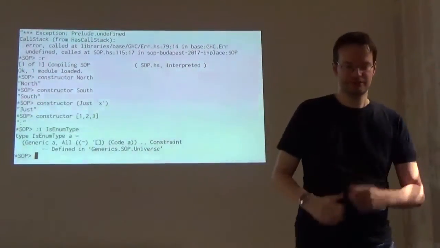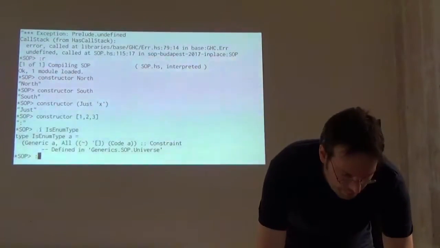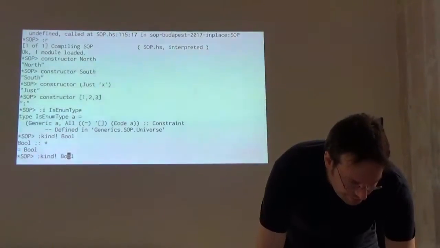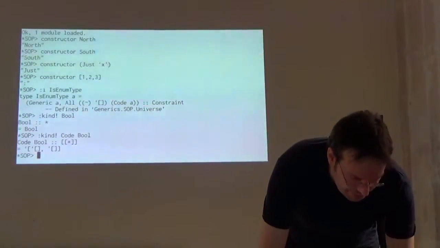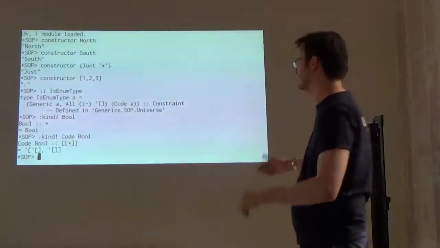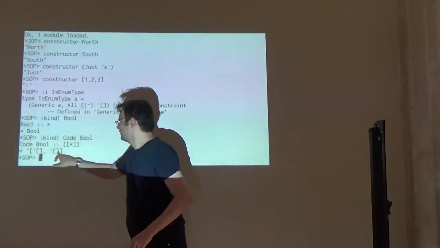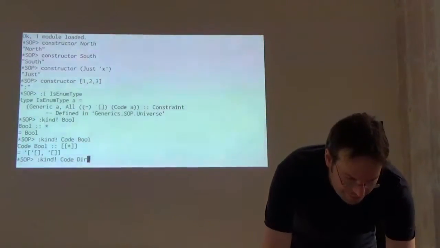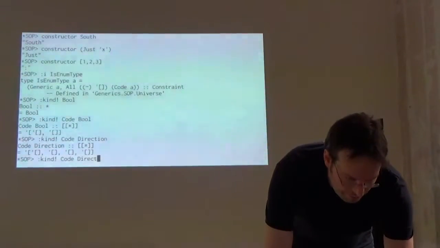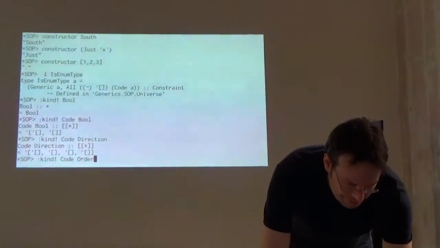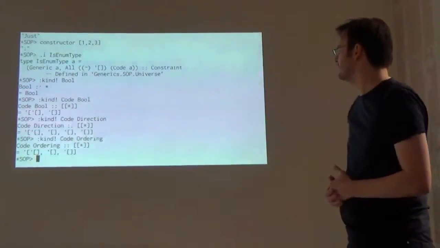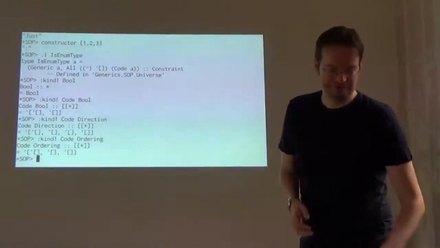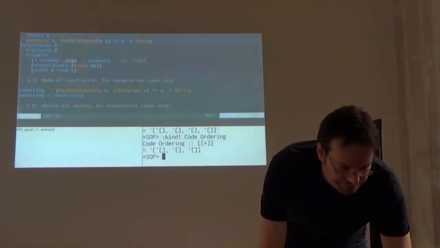So that's what we saw in particular hold for Bool, sorry, Code of Bool. All the elements in the outer list are equal to the empty list. And that also holds for Direction, which is another enumeration type, or for Ordering, which is another base library enumeration type. So these codes fulfill this constraint.